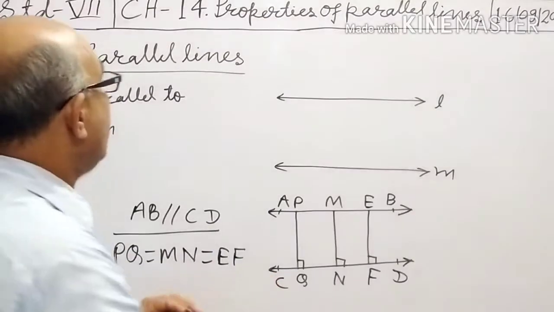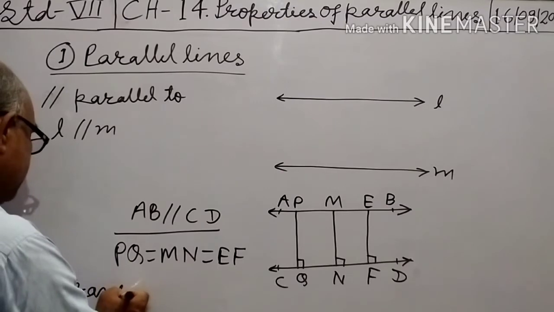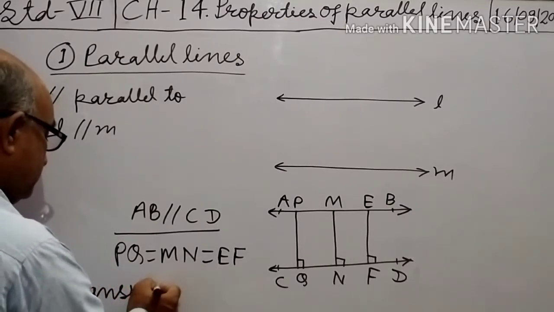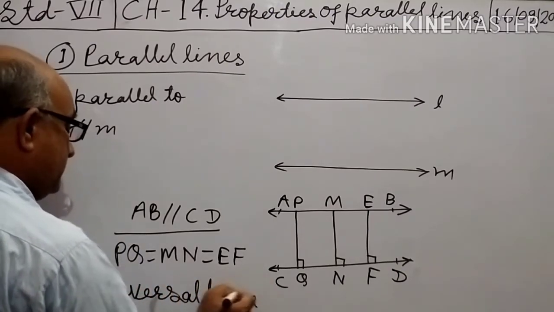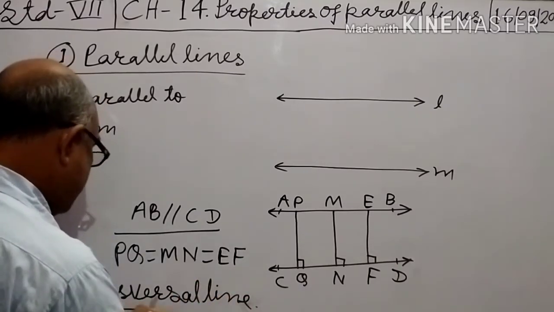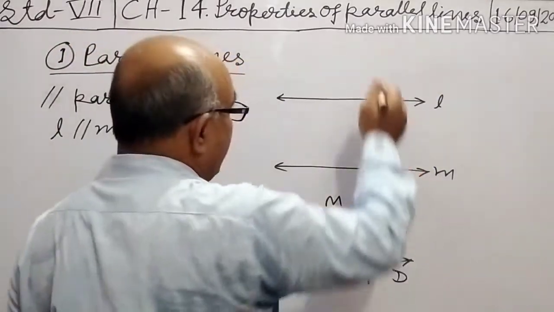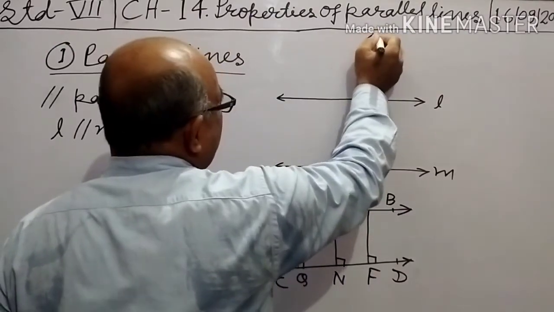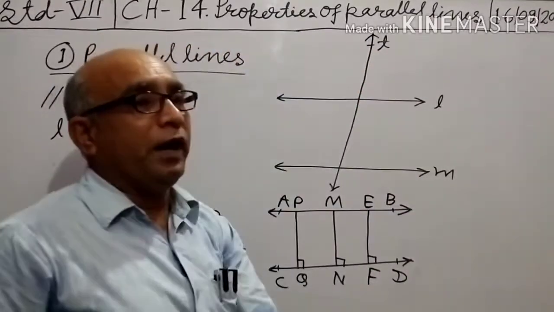Second thing is transversal line. Suppose L and M are parallel lines. One line T is drawn, and T intersects both parallel lines at distinct points.